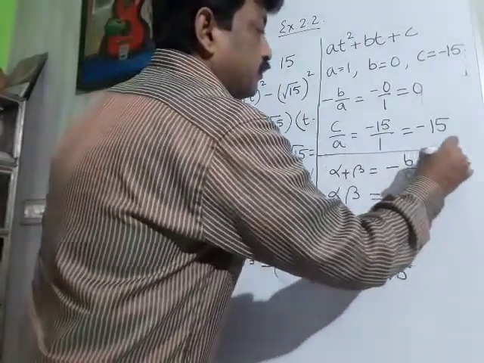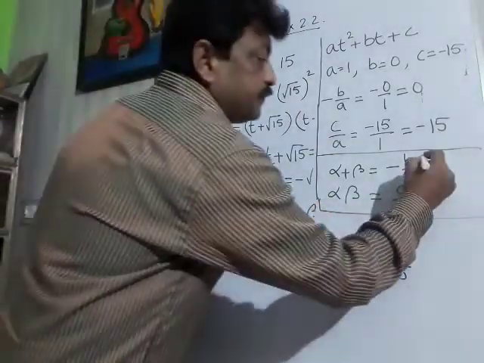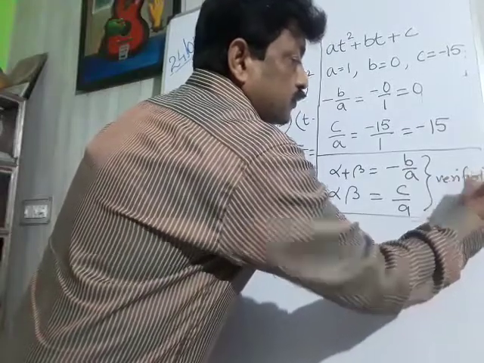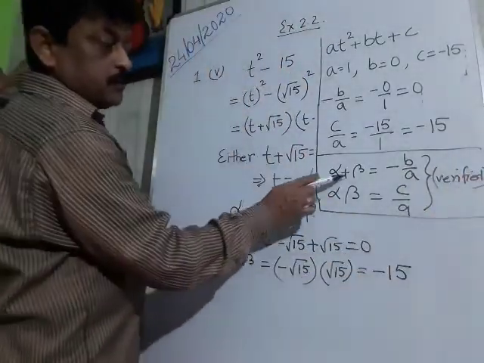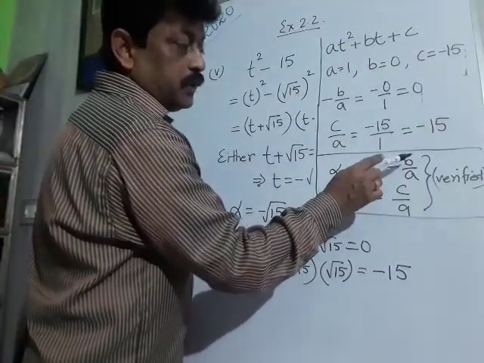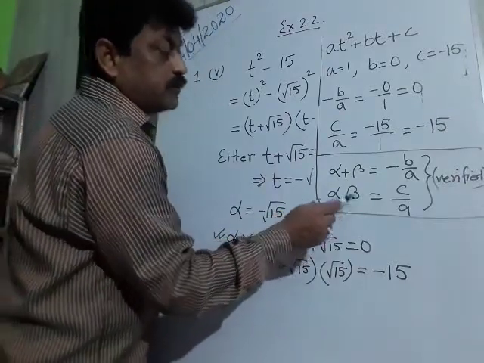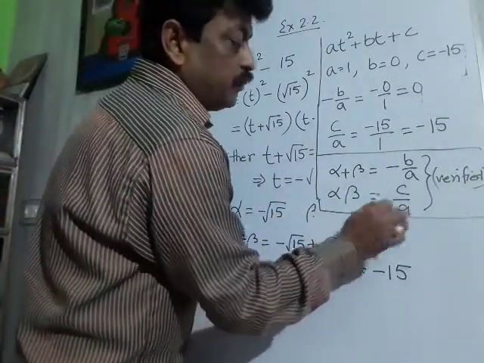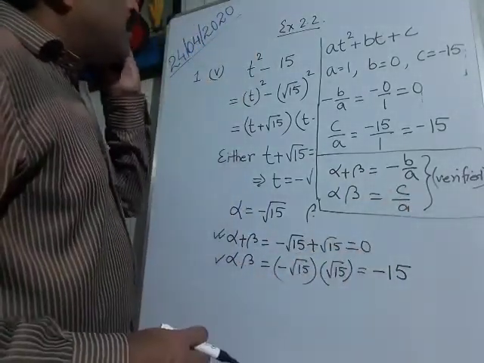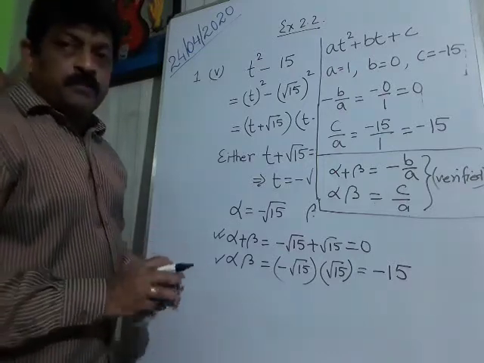This is the relation which is verified, or in other words we can say that the sum of the zeros equals minus coefficient of t by coefficient of t square, and the product of the zeros equals constant term by coefficient of t square. This is verified. So this is another example. So many sums are also there. I am going to do a different type now.